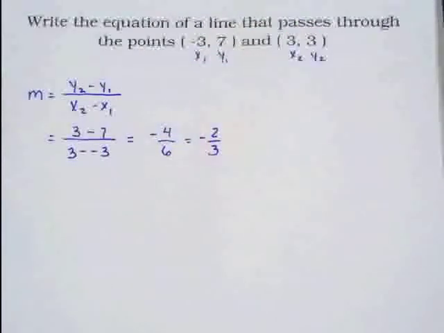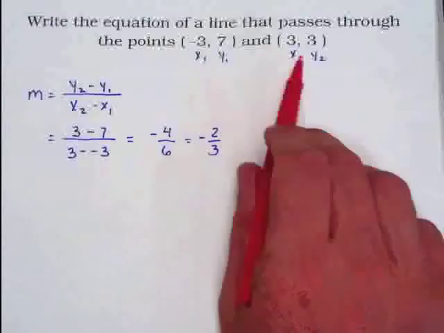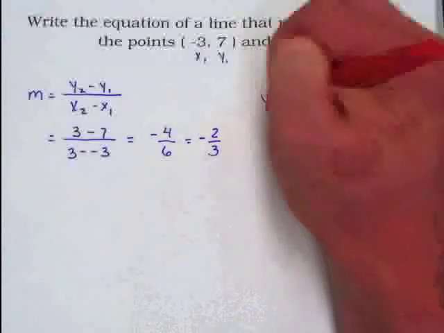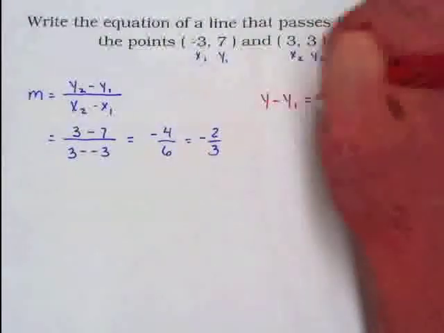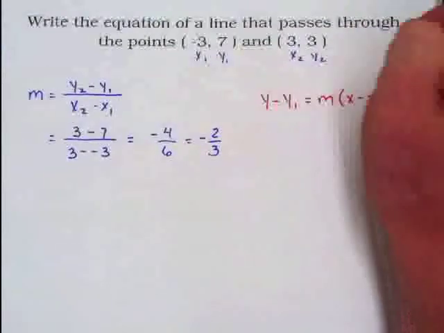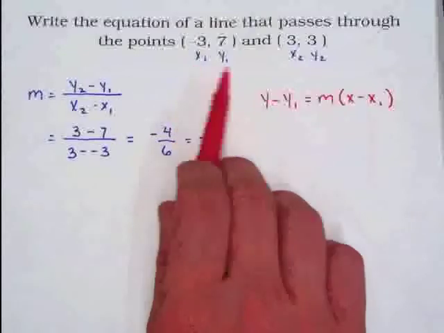After I find my slope, I'm ready to find my equation. To do this, I use my slope and one of the 2 points and substitute those values into my point-slope form of the equation. Y minus y1 equals m times x minus x1. For the y1 and the x1, I will put in the coordinates from my point.